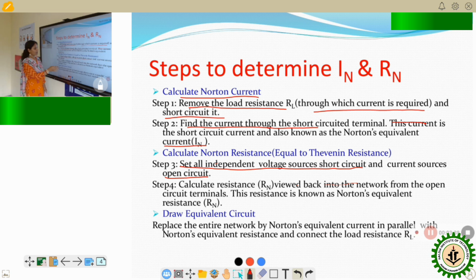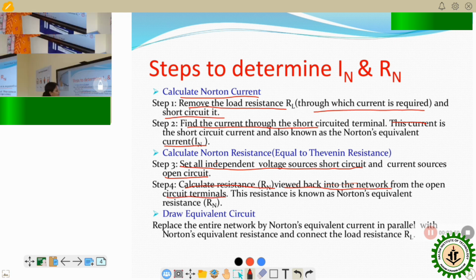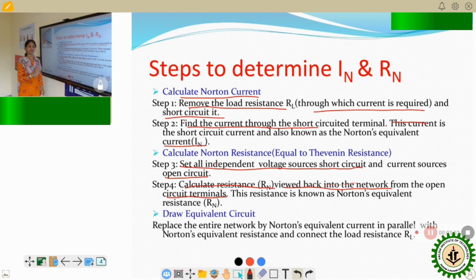That's why after removing all the voltage and current sources from the network, calculate resistance Rn viewed back into the network from the open circuit terminal. Suppose that open circuit terminal name is AB, as I have already mentioned in the statement. This resistance is known as Norton's equivalent resistance Rn.